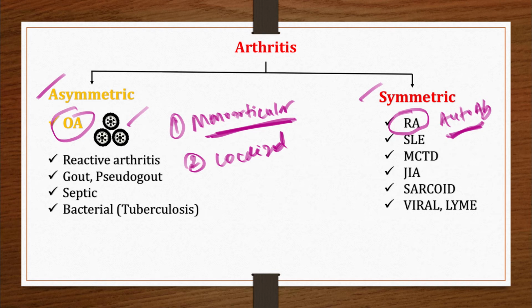Similarly, our joints also wear out asymmetrically, because some of us are left-handed, some are right-handed. Also remember an athlete, a footballer, some kicks with their right and some with left leg. That's why, as we know that osteoarthritis is a biomechanical use-based destruction of articular cartilages, hyaline cartilages. Because of these reasons, osteoarthritis is an asymmetric type of arthritis.